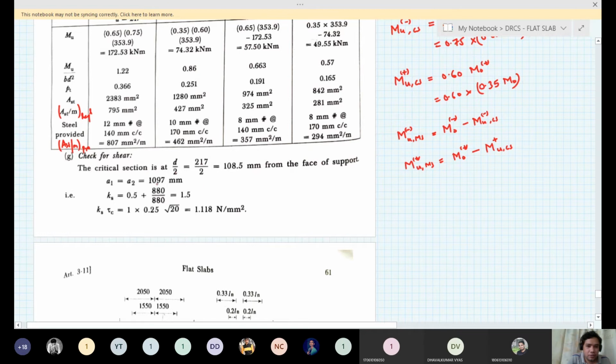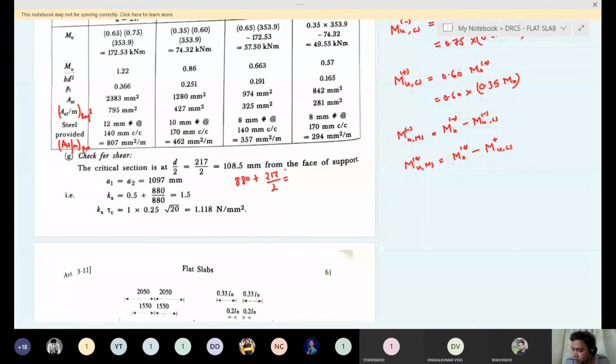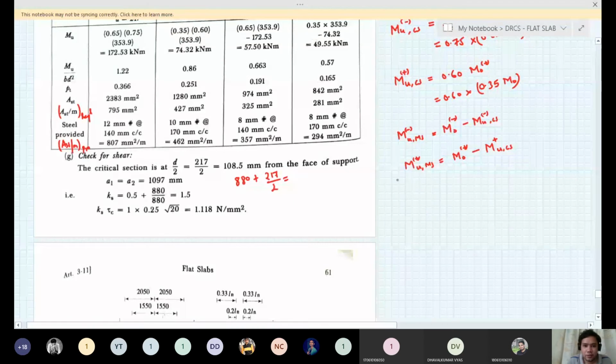So your critical section will be 880 plus 217 by 2, multiplied by 2 since it is on each side, so it will be 1097 mm. So we'll find the shear at this critical location.